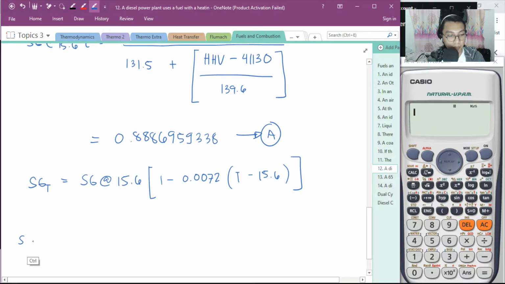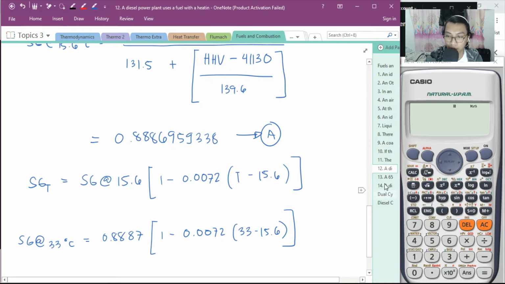SG at 33 degrees Celsius, that is equal to 0.88. Round up ko na lang kasi nag-close kanina. 87 multiply to 1 minus 0.0072 multiply to 33 minus 15.6.